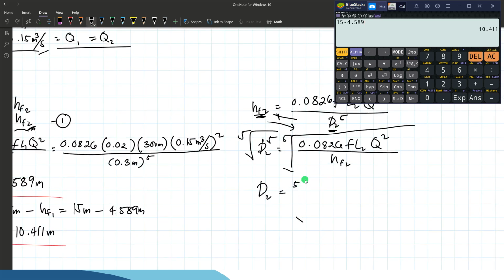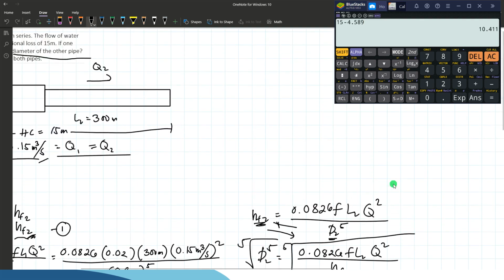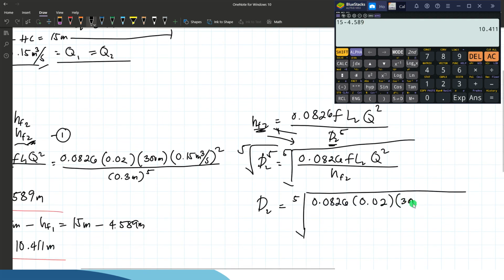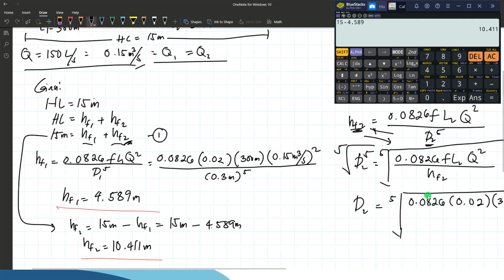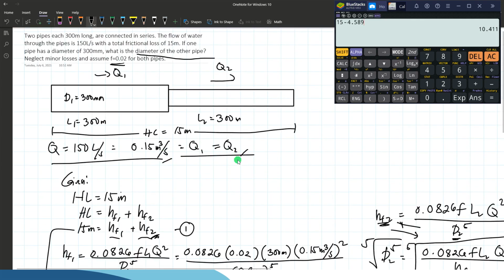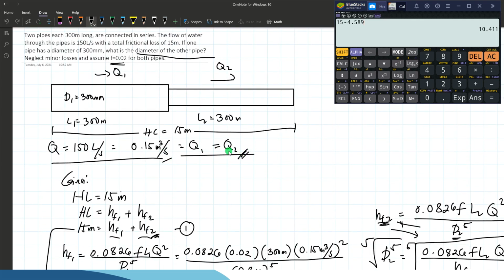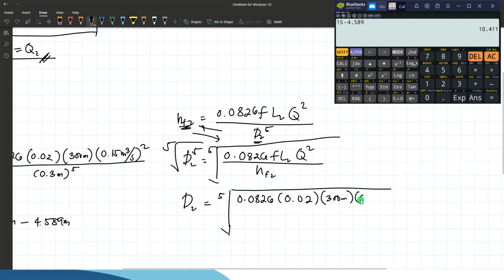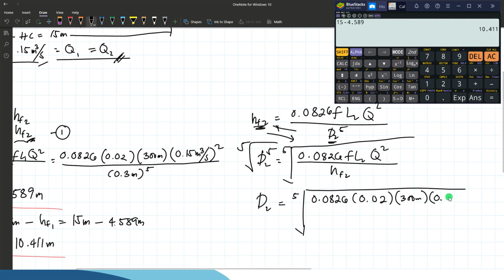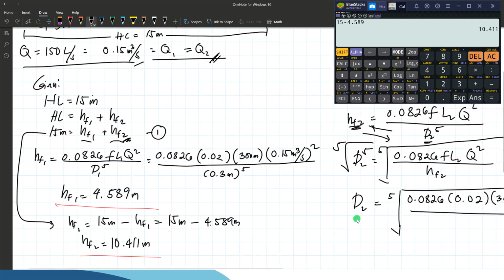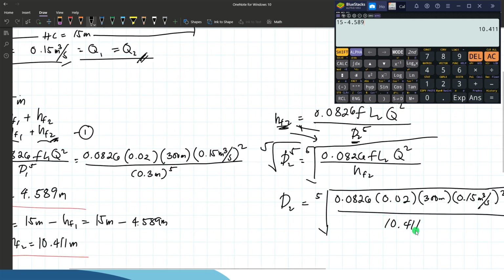So the fifth root of 0.0826 times F, the same, 0.02, times L2, which is also 300 meters, times Q, the same discharge since it is a series pipe, 0.15 cubic meters per second, squared, all over HF2, 10.411.